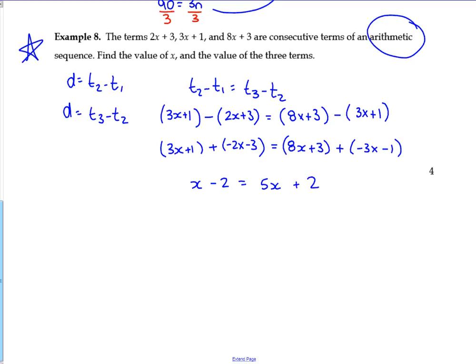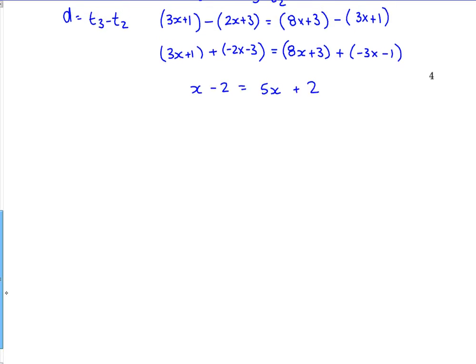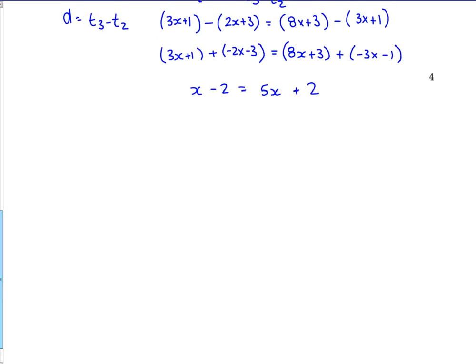Okay, how do I solve for x now? Isolate the variables. So we want all the variables on one side and the constants on the other. I like to keep x positive, so I'm going to move the x over into the 5x. We always want to do the opposite. If it's a plus x, we want to subtract x.